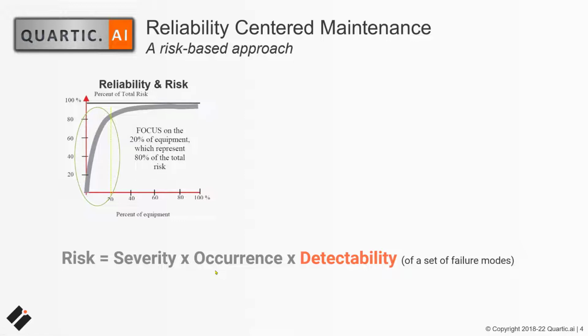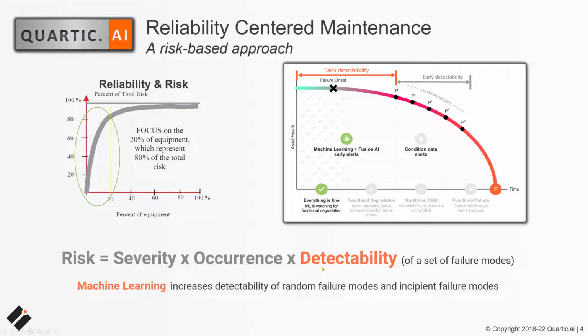And we do this using different rules and agents to see how my asset accumulates risk over time. And finally, we have detectability, which is what we're using machine learning to improve. We want to detect failure modes that may be missed or caught too late using simple condition sensors like vibration, and we want to detect these anomalies earlier and predict potential failures before they happen so we can mitigate these issues.